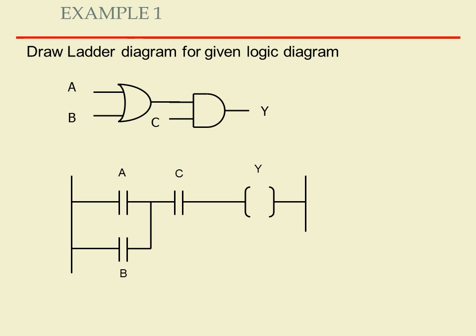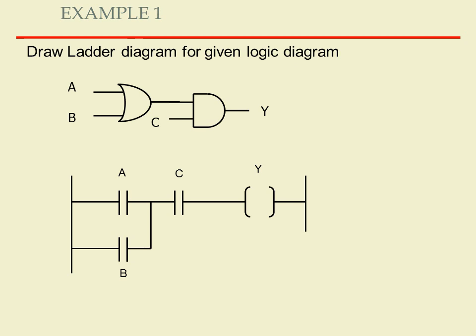Now see, the OR gate having the inputs A and B is represented as two open switches connected parallel to each other, and in series with that C is connected.